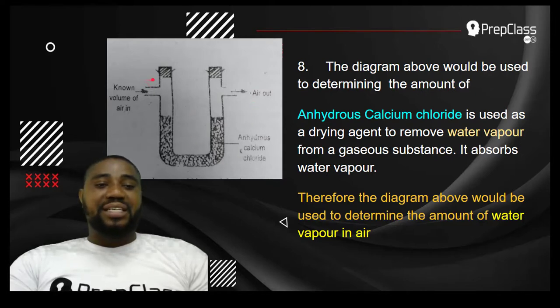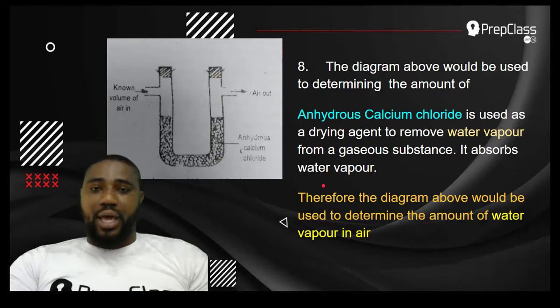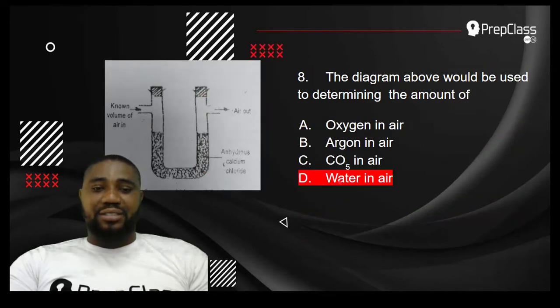So that simply means that this experiment can be used to determine the amount of water vapor in air. So the answer is D, water in air. Why? Because anhydrous calcium chloride is used to remove water vapor from gaseous substances or any other substance. Very simple.